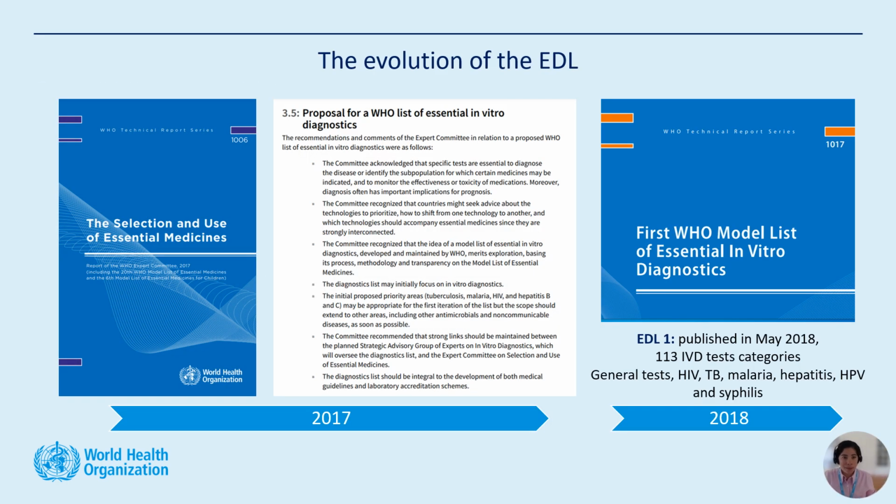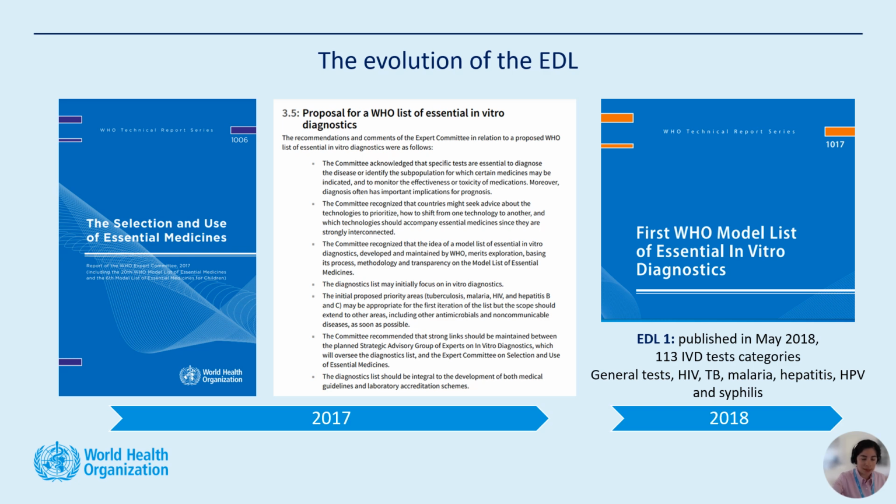A little bit about the evolution of the EDL. The EDL indeed was born after the expert committee on essential medicines recommended WHO to develop a list of essential IVDs as a complement to the essential medicine list.